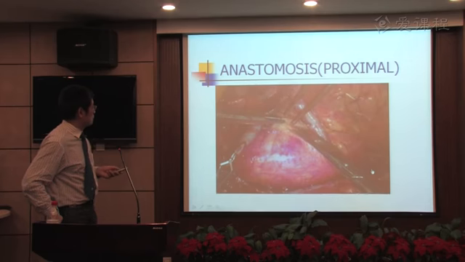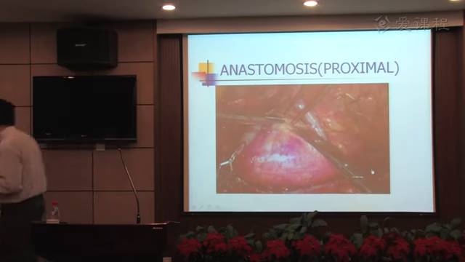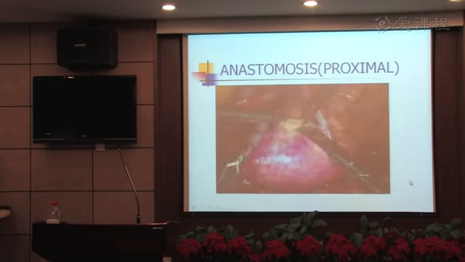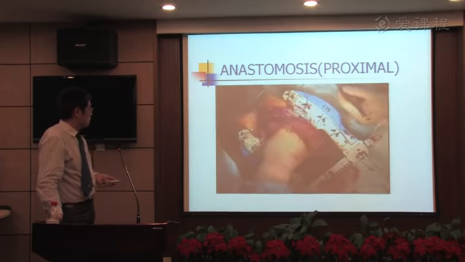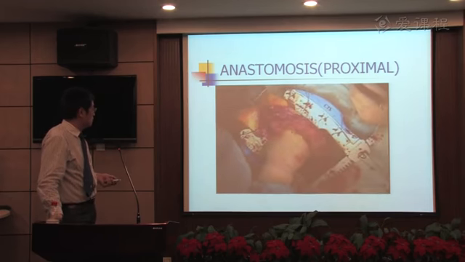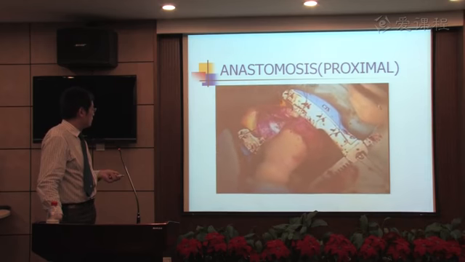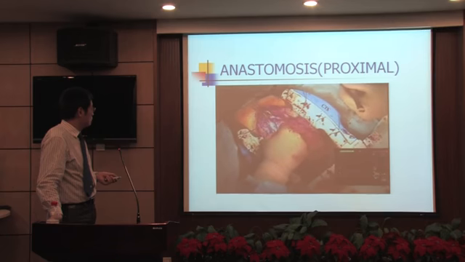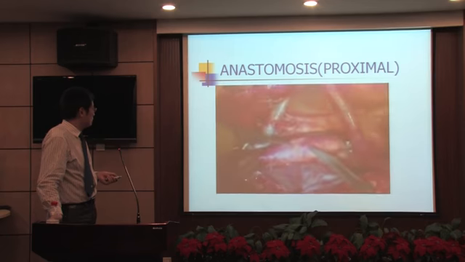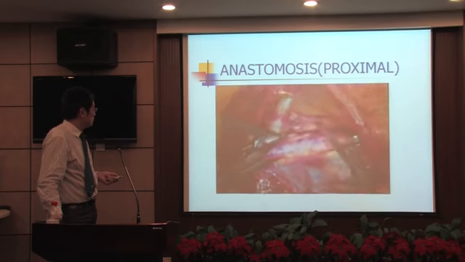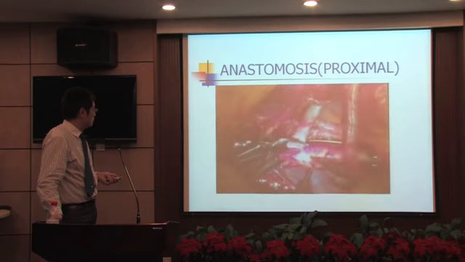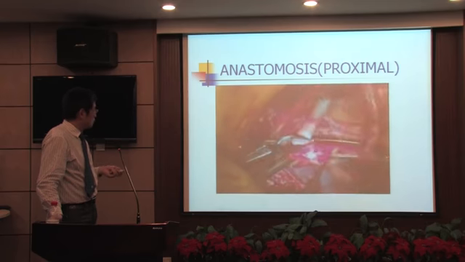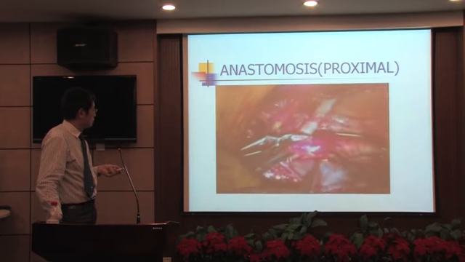This is how the proximal anastomosis is done. Here is the aorta. Here is the aorta. This is a branch, a vein.